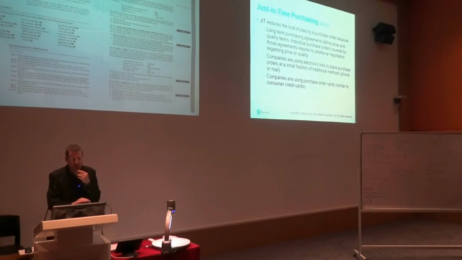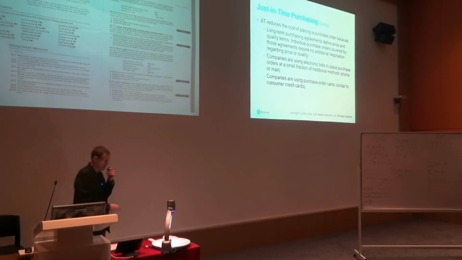Just-in-time reduces the cost of placing a purchase order because long-term purchasing agreements define price and quality terms. Individual purchase orders covered by these agreements require no additional negotiation regarding price or quantity.